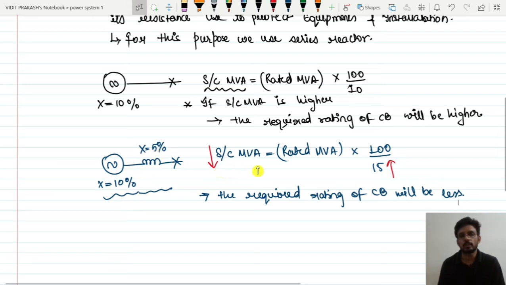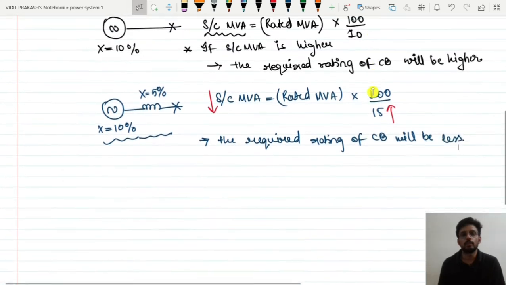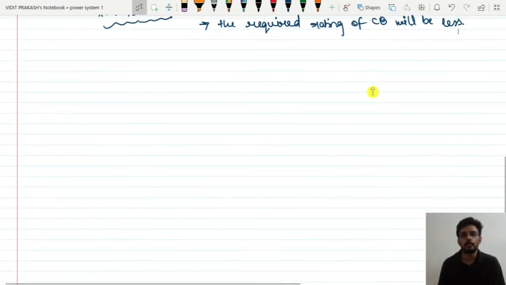And what about short circuit MVA? Short circuit MVA is nothing but rated MVA into 100 by percentage reactance. So the total percentage reactance is 15%. If the reactance value increases, your short circuit MVA value will decrease. If your short circuit MVA value decreases, the required rating of circuit breaker will be less as compared to this, right?